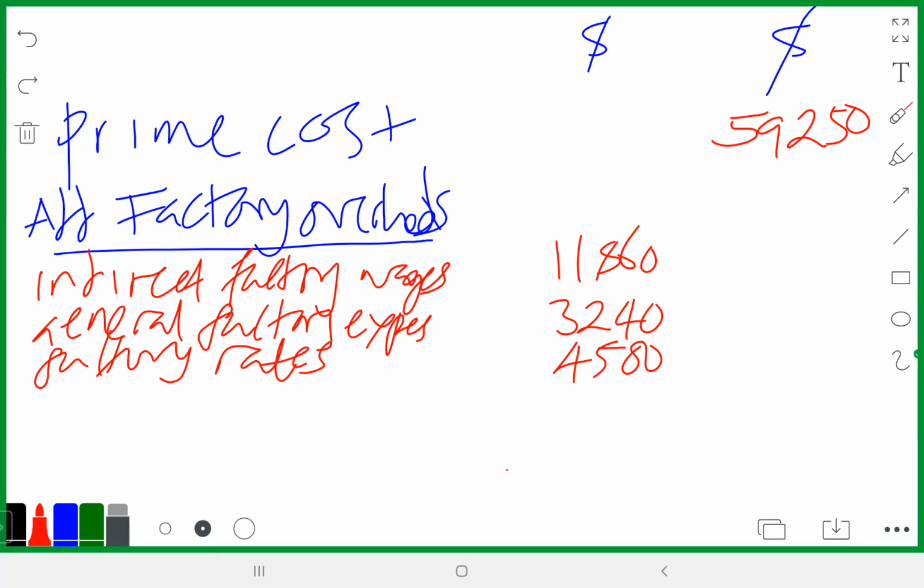And then we go to depreciation on machinery. That's very important. It's an overhead as well. It takes place in the factory.